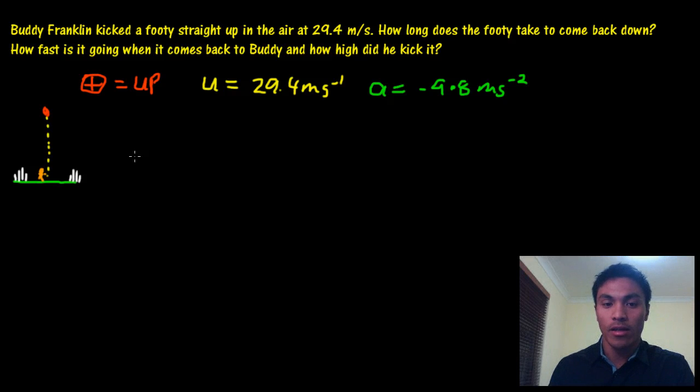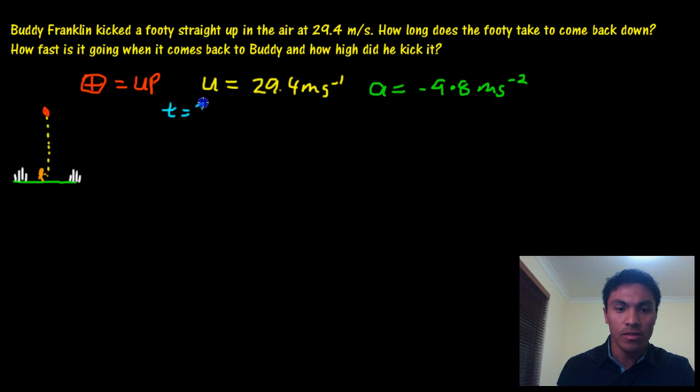Okay. Another couple of intuitive things in order to actually have a look at the time. Let's have a look at this actually graphically. Let's make a little data table. Because we want to find out eventually what the time is, how long it took for him to get back down to the ground.